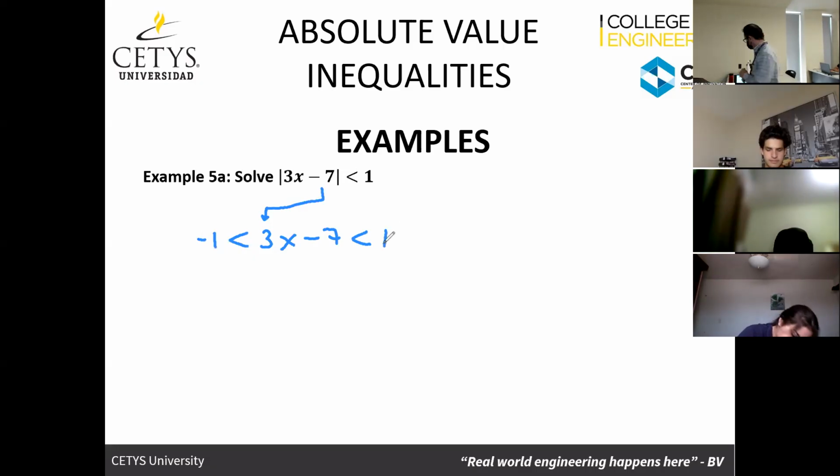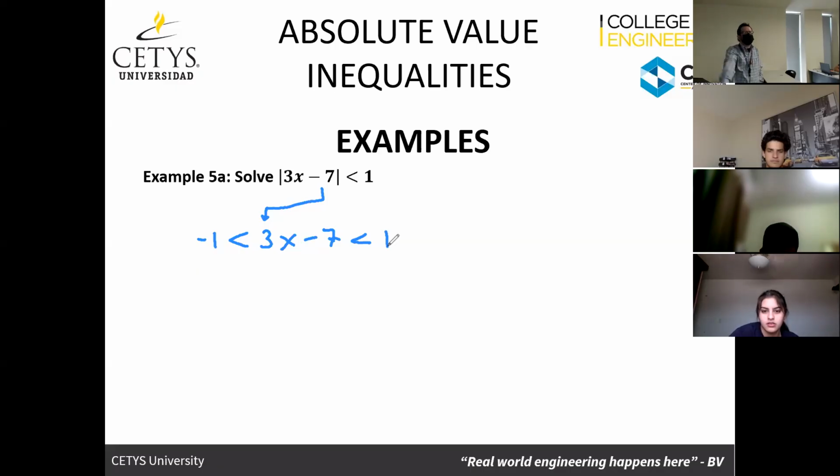And so again, because it's an inequality that has a less than sign, then we separate it like that. Now, would you agree that, removing the absolute value, the way it is there, we can solve it like any normal inequality?